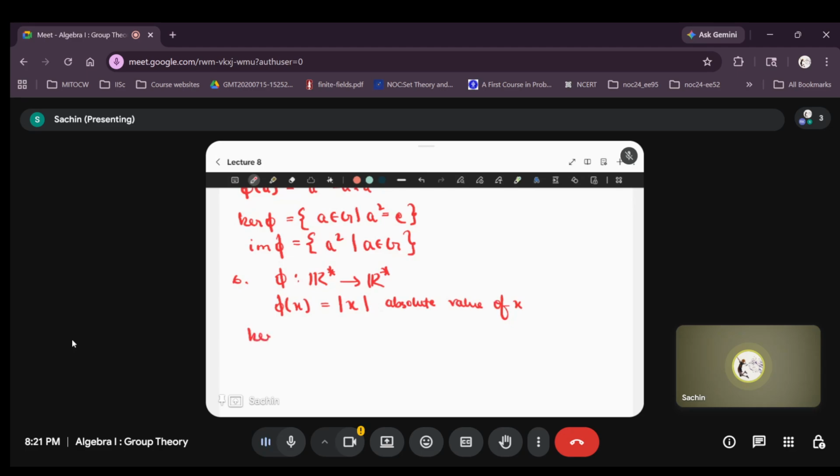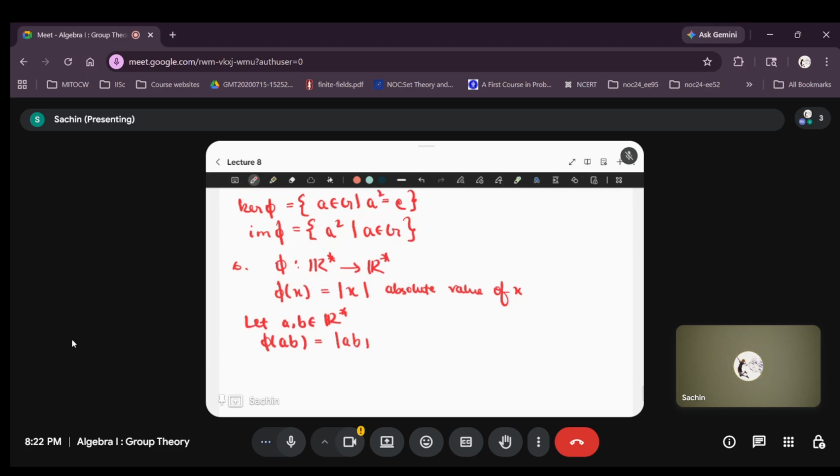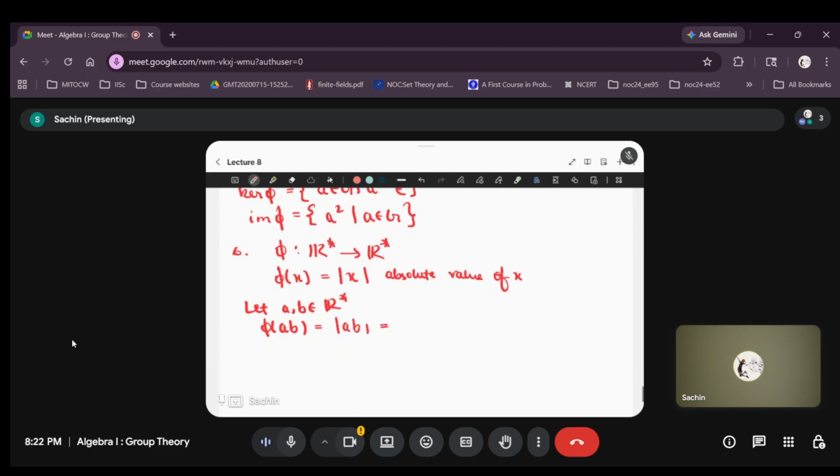What is the kernel here? First of all, is this a homomorphism? What is phi of ab? Let a, b belong to R star. Phi of ab is the absolute value of ab, which is equal to absolute value of a times absolute value of b. So it's equal to phi of a times phi of b.